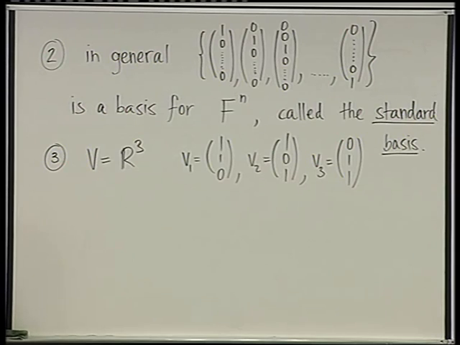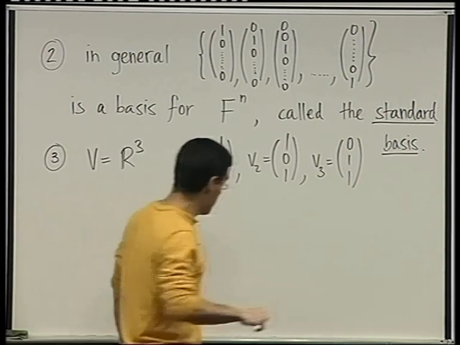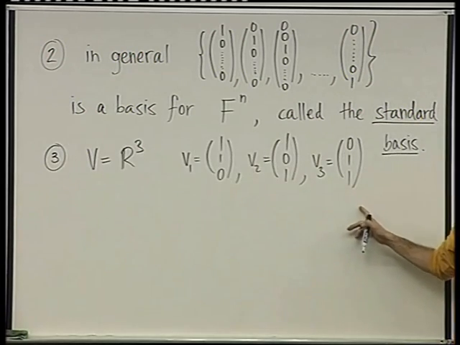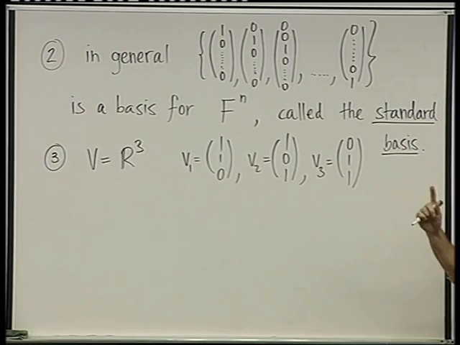Okay. Well, we need to check. We need to check if they're linearly independent, and we need to check if they span all of R3. Now, to check if they're linearly independent, we could easily do it, but we did it. It was a previous example. Okay?